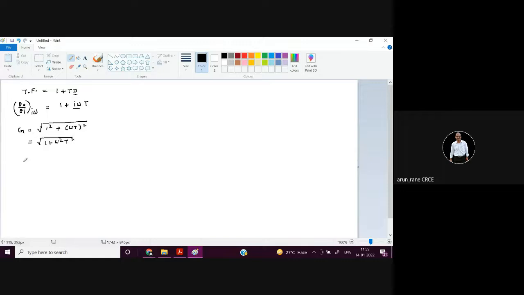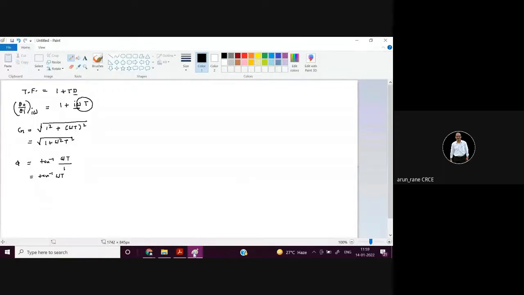Now what will be phi? Phi is equal to tan inverse of imaginary part over real part. Imaginary part is omega t and real part is 1. So phi is equal to tan inverse of omega t. This is the value of magnitude and this is the value of phase angle.